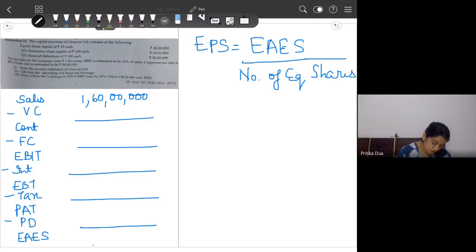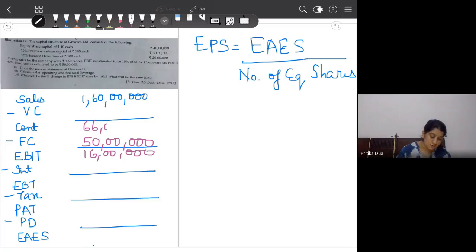You are given fixed cost as 50 lakh and then EBIT as 10% of sales, which means this is 16 lakh.